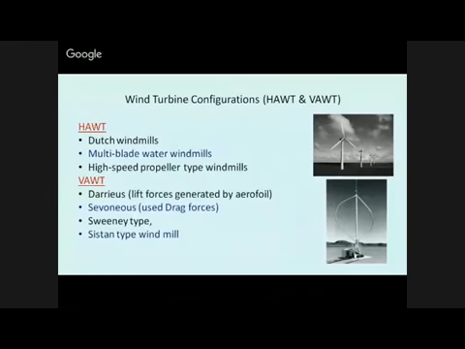the horizontal axis wind turbine, whose axis is horizontal, and its classification includes Dutch windmills, multi-blade water mills, and high-speed propeller-type windmills.